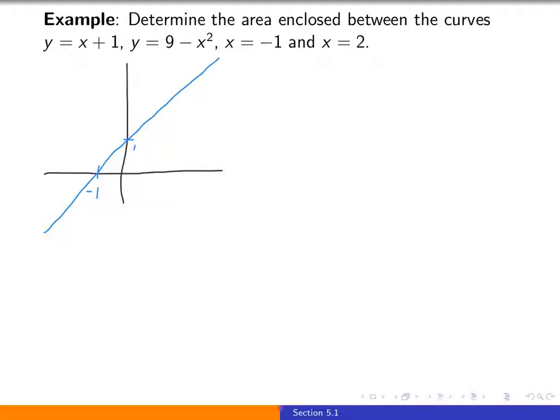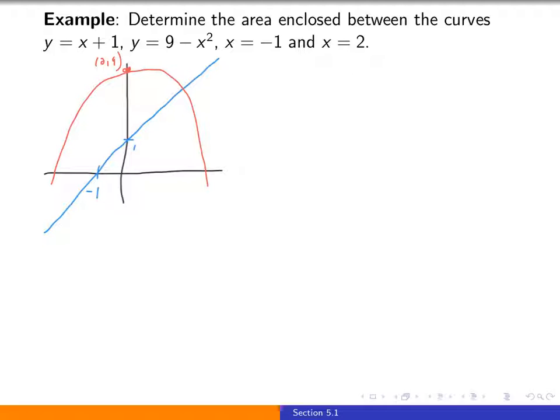And then we have the parabola y equals 9 minus x squared. So its vertex is going to be sitting on the y-axis at 9. The minus in front of the x squared tells us that it opens downward. So roughly speaking, maybe not drawn perfectly to scale, looks something like this, where this vertex is sitting at the point 0, 9.